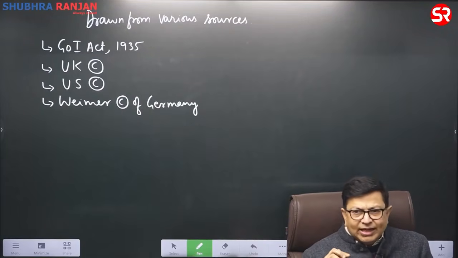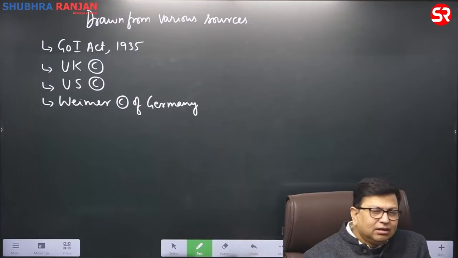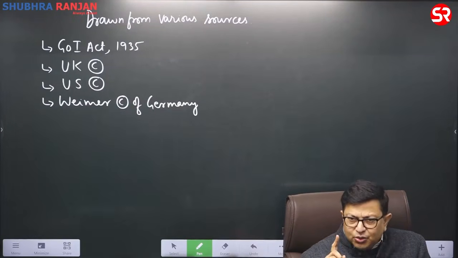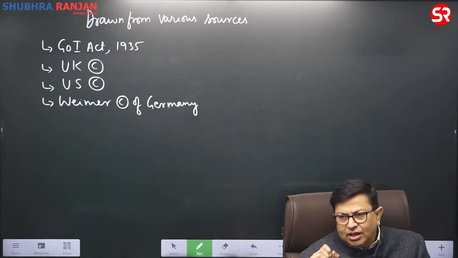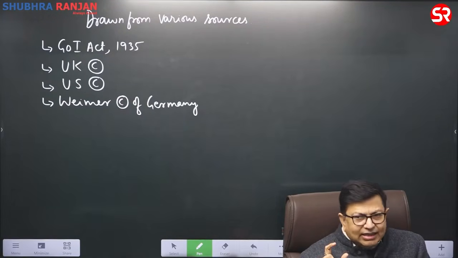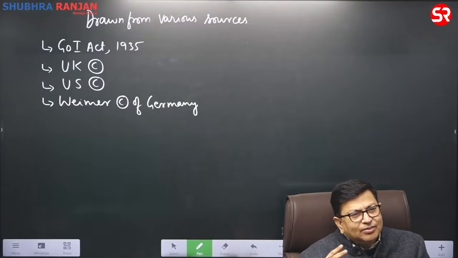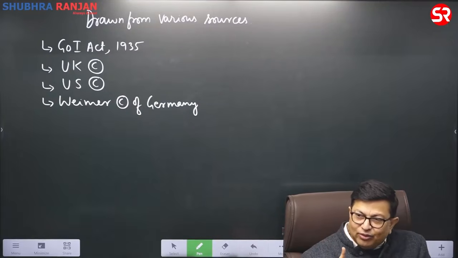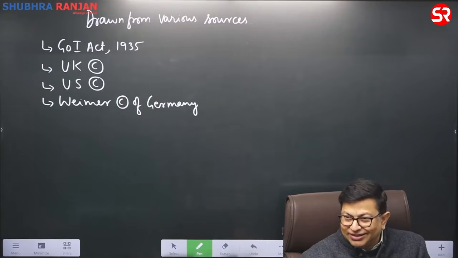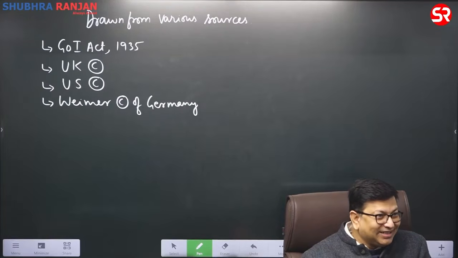Why do we not use the Constitution of Germany? Because we had not taken anything from the Constitution of Germany that was prevailing at that point of time. When India got independence, Germany was divided into two parts. Apart from it, before that there was Hitler's constitution, and we had not taken anything from it.